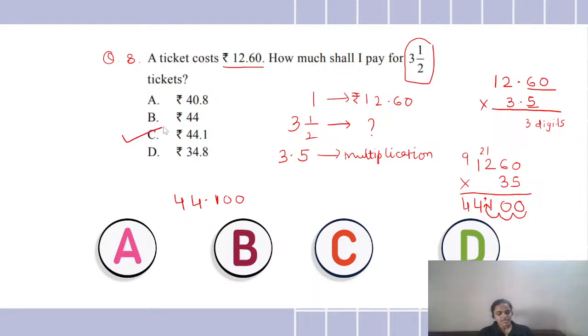So children, the answer is option C, which is 44.1. Okay, it was a bit tricky, but yes, you all have been able to give the correct answer, option C. Okay, so I can see Ritika, Satish, Janisha giving the correct answer.